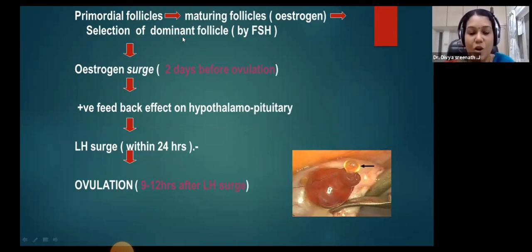Then the next step is ovulation. LH will be released from the pituitary. It starts to increase 36 hours before ovulation, and when it reaches its peak, ovulation occurs within 10 to 12 hours. This is a laparoscopic image of ovulation.